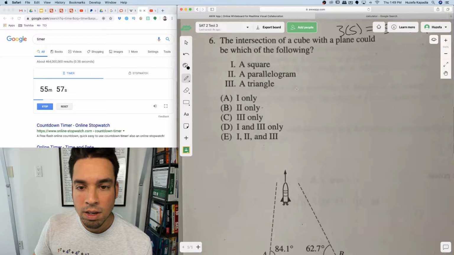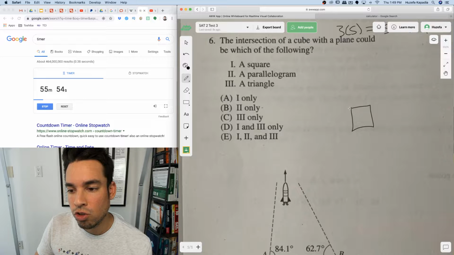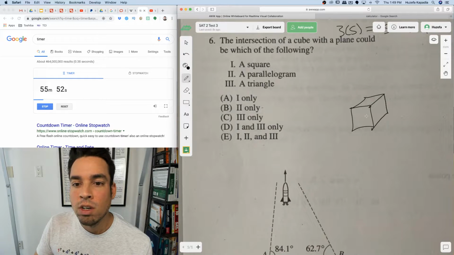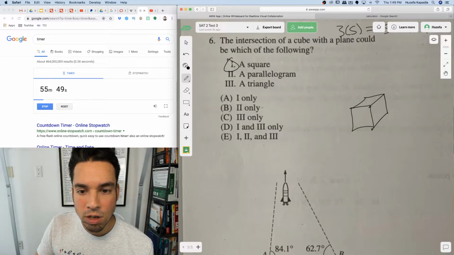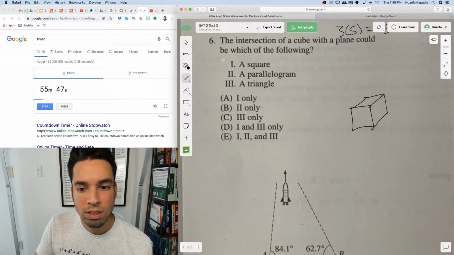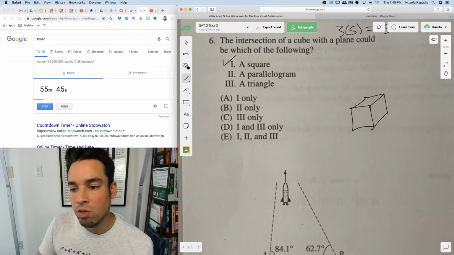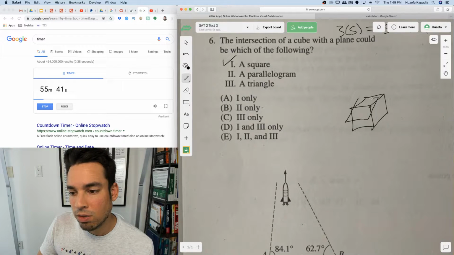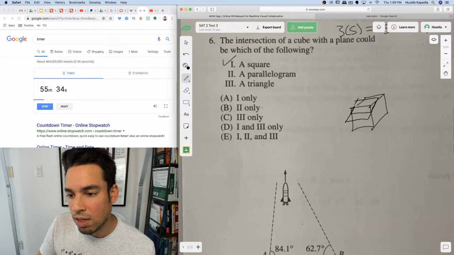The intersection of a cube with a plane could create which of the following? Obviously a square, so I would like to say check mark. It could do a parallelogram if it slices it this way, because then you'd have something like that.